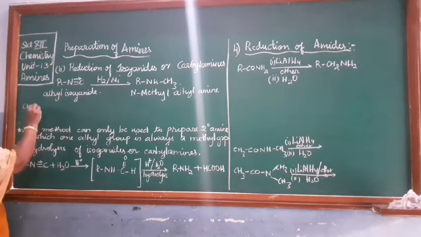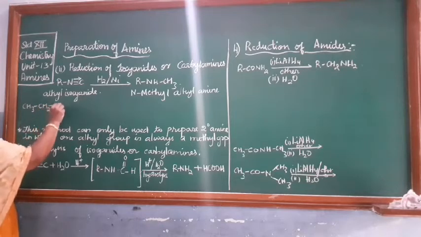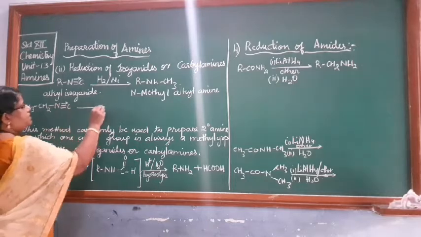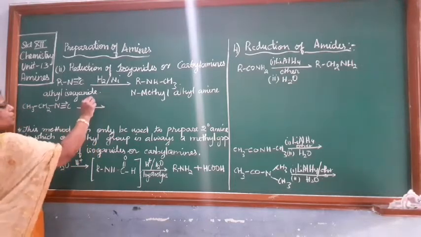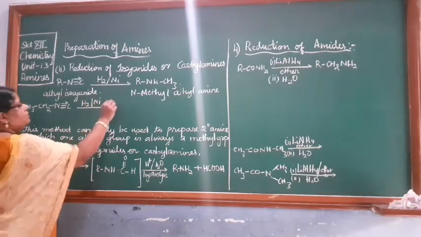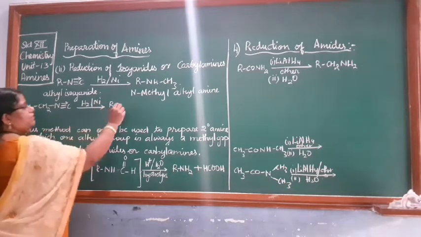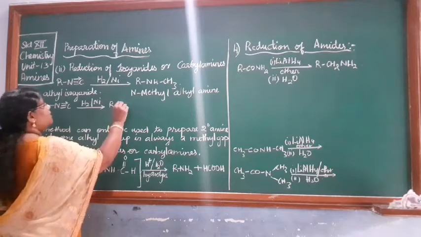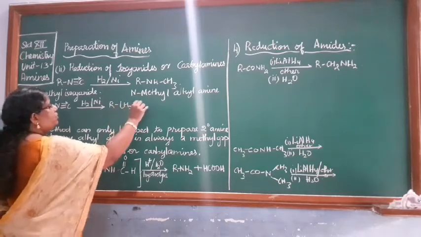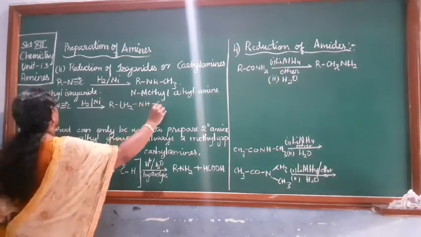Say for example, CH3 CH2 N triple bond C in presence of H2 Ni gives you what? You see RCH2 N triple bond C will get converted to RCH2 NH CH3.